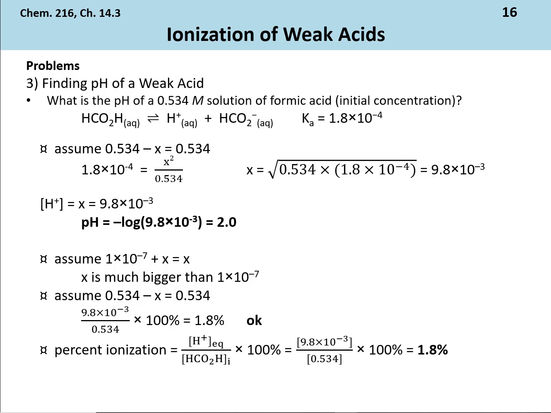Percent ionization is always the amount of H plus at equilibrium over the amount of acid, in this case HCO2H, we had initially, times 100%.